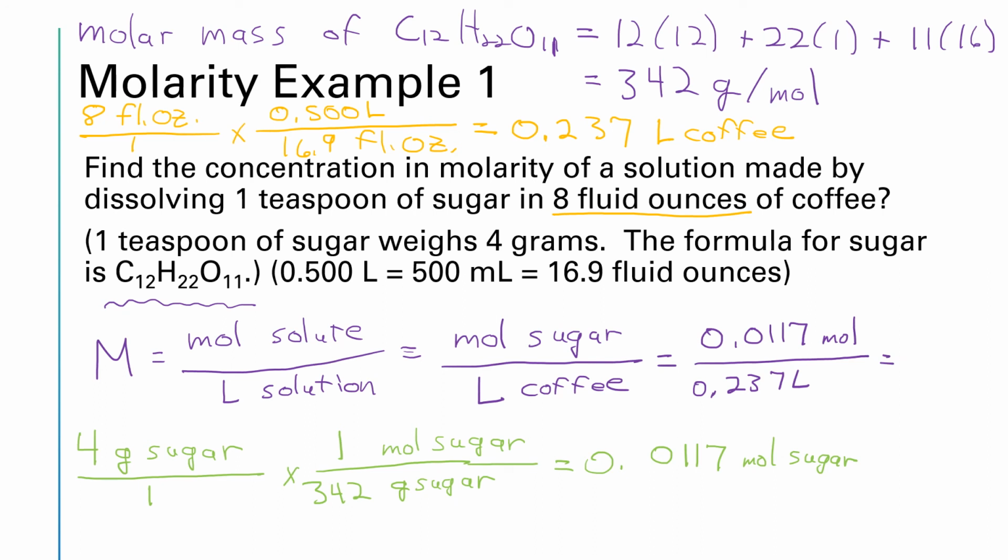And so 0.0117 divided by 0.237 equals 0.0494. And the units on that can be either a capital M for molarity or moles per liter.